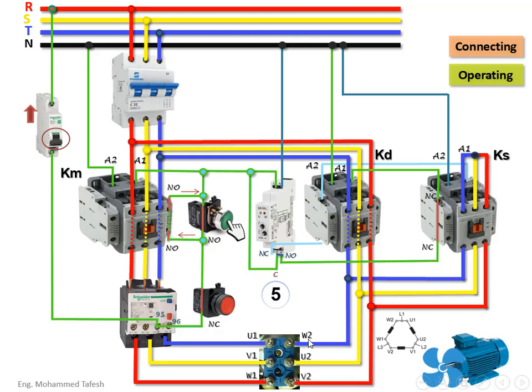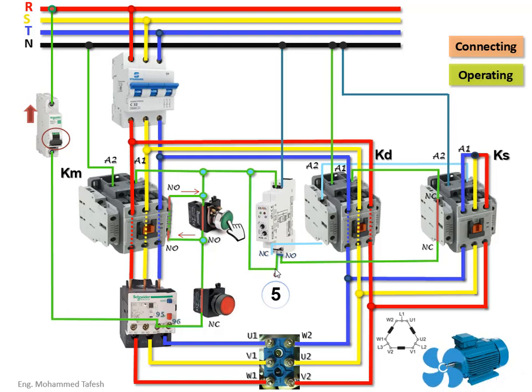As the timer changed its status now between 12 and 11, it became open, and between 12 and 14 became closed. And thus the circuit was separated from the star contactor and it stopped.